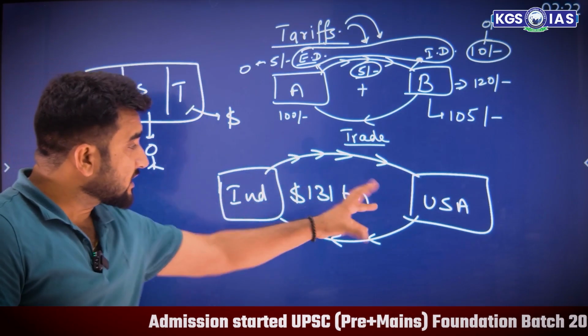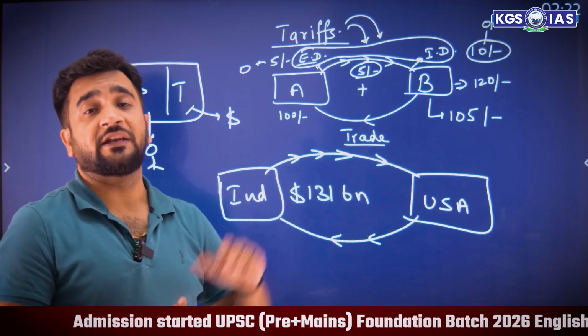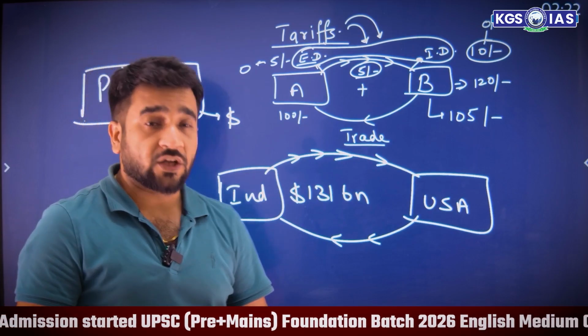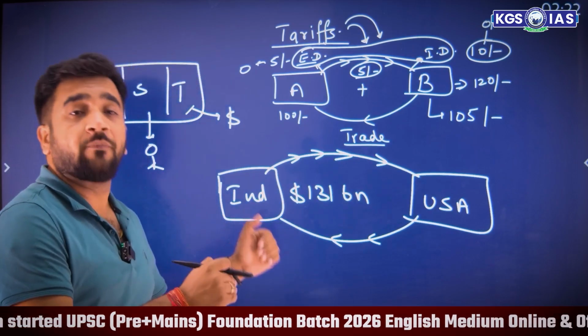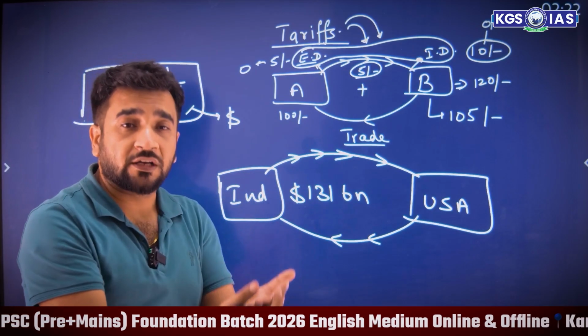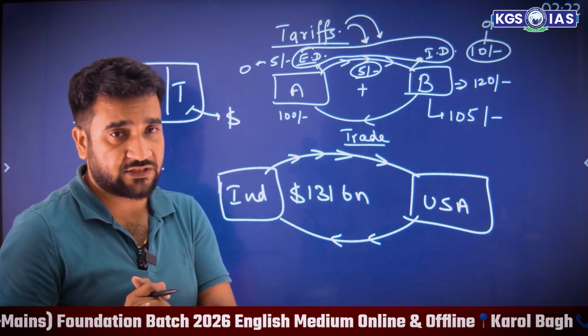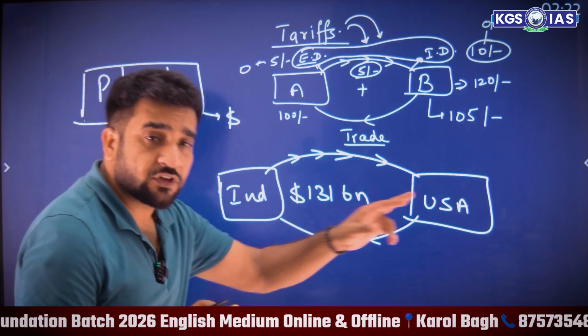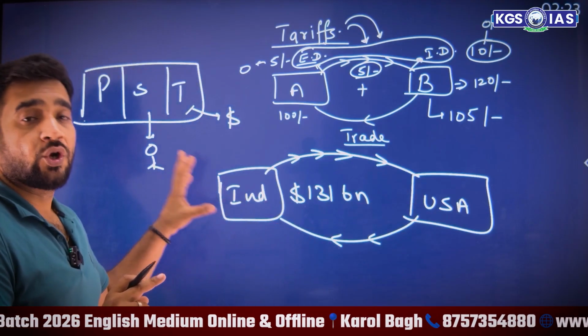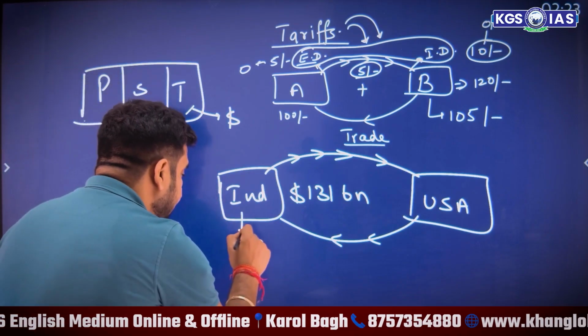Now, India and USA were discussing a trade agreement. But USA and India could not come to a conclusion, or this trade agreement could not be finalized. Why? Because USA was pressurizing India to open up its agri market.